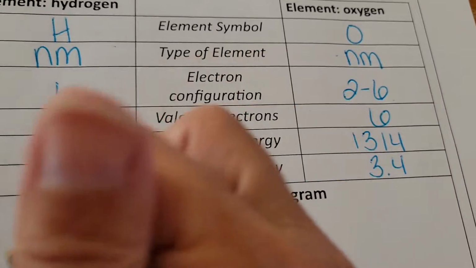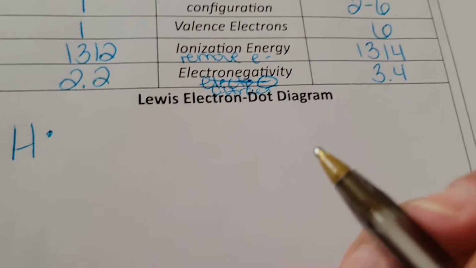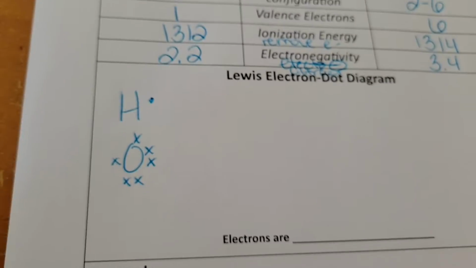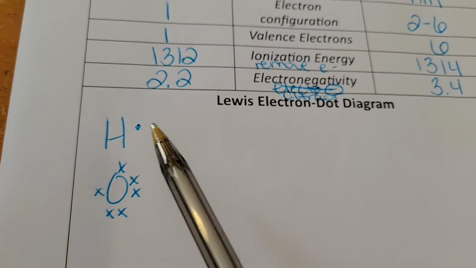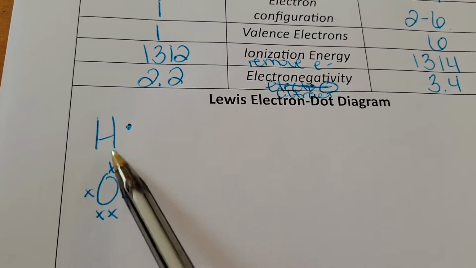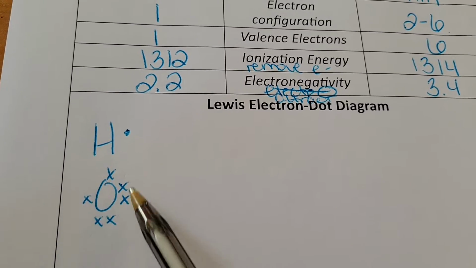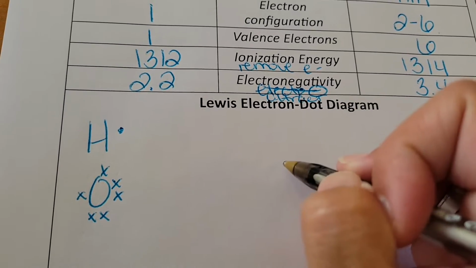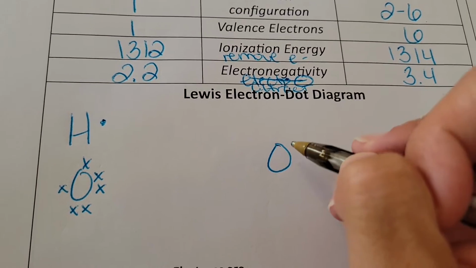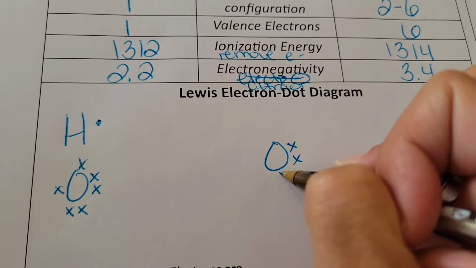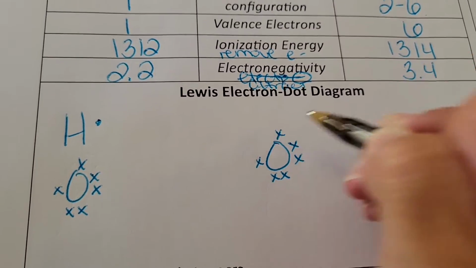All right, so we're going to do our rough draft. So hydrogen has 1 valence electron, oxygen has 6. So we can imagine then if we were to have a hydrogen here and it would share, and another hydrogen here and share, that would give our oxygen all that it needs. So we're going to have oxygen with its 1, 2, 3, 4, 5, 6.